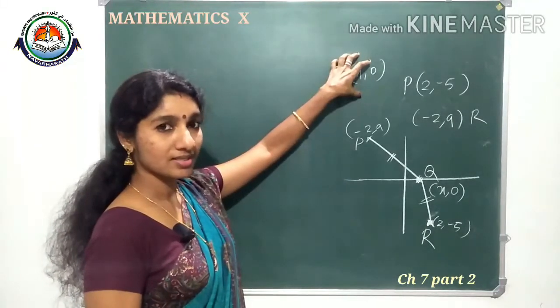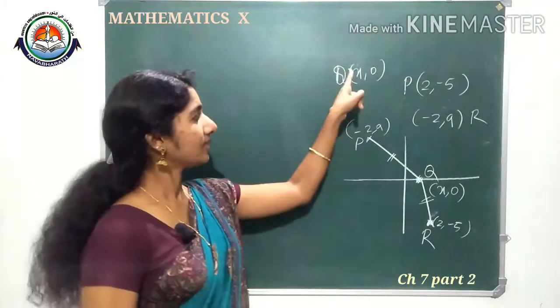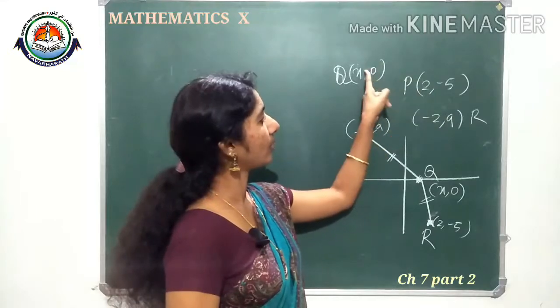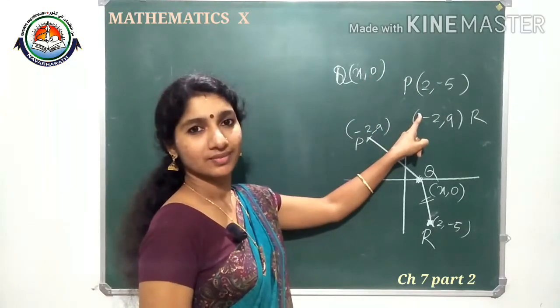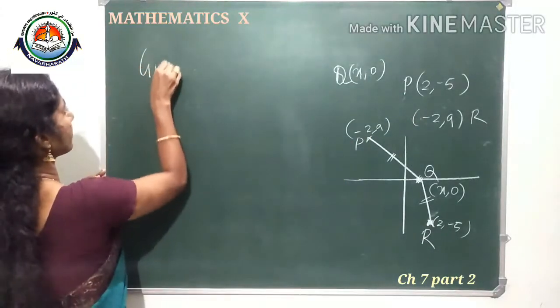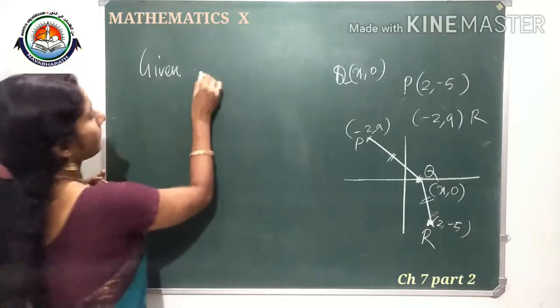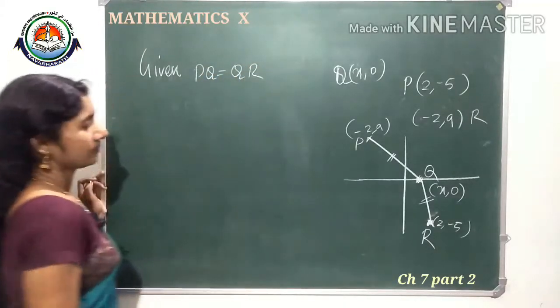That point is equidistant from the given 2 points. That means the distance between these 2 points is equal to the distance between these 2 points. Clear? So if you name it like this, what information is given for us? PQ is equal to QR.